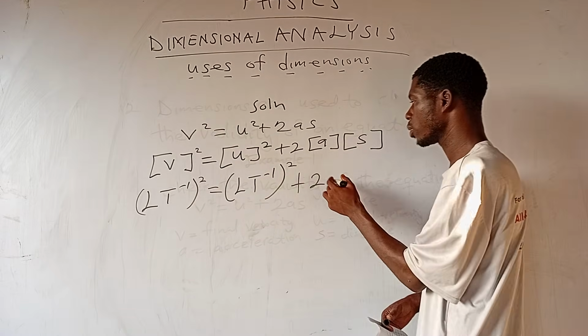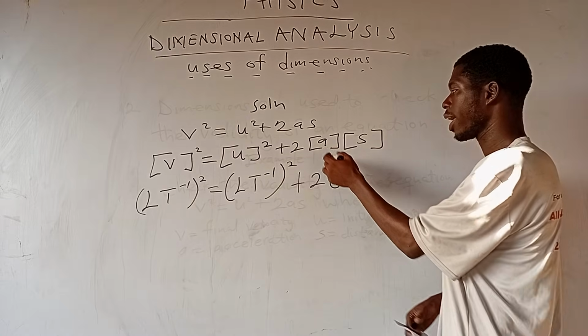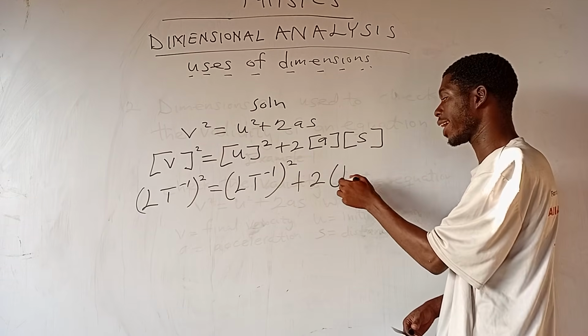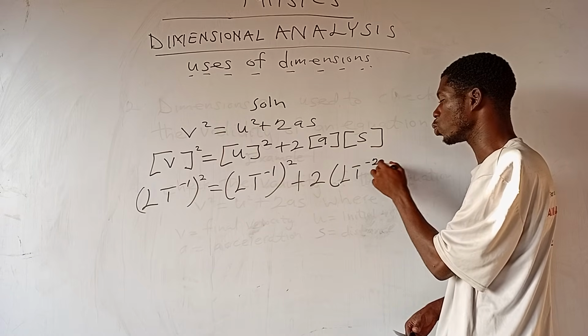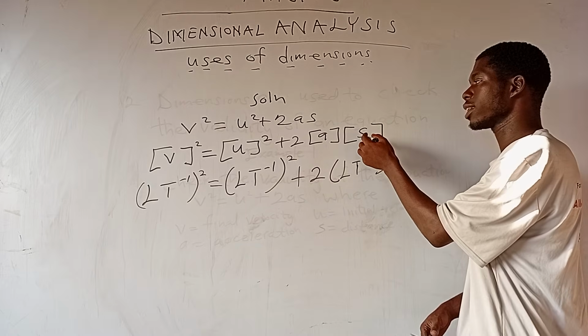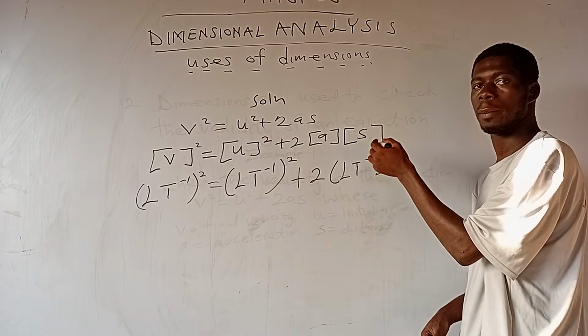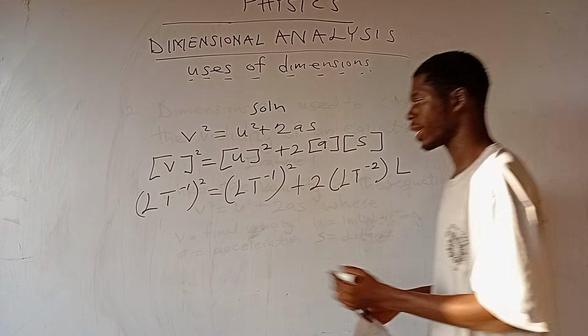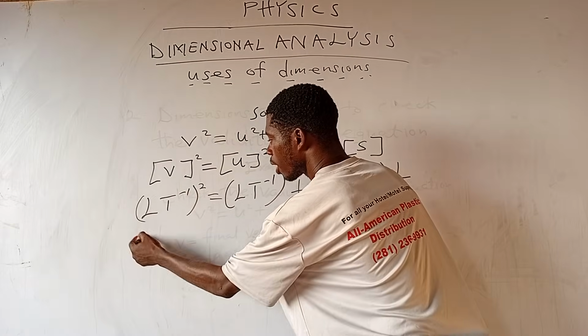Plus 2 multiplying acceleration. What's the dimension for acceleration? It's LT neg 2, multiplying distance. And what's the dimension for distance? It's L.